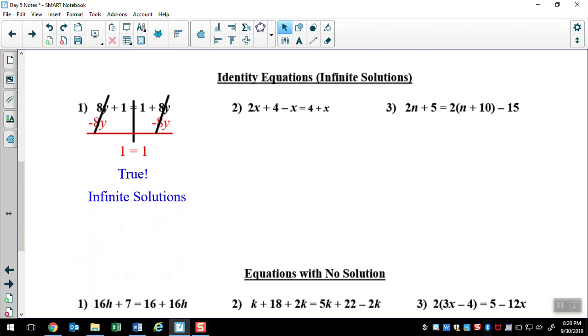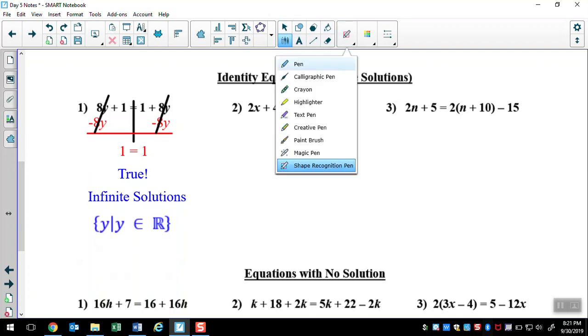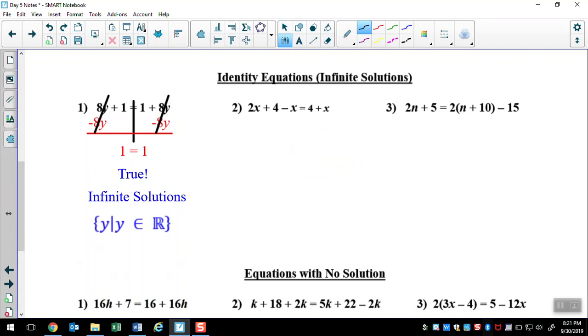So we start with our curly brackets, and in this case we use y, so y such that y, and then the new part: we have this curvy E, and then what we call a double-stamped R. Now for you to draw a double-stamped R, you would just draw two lines and then make an R. It's really that R with an extra line. So in print, it looks like this.